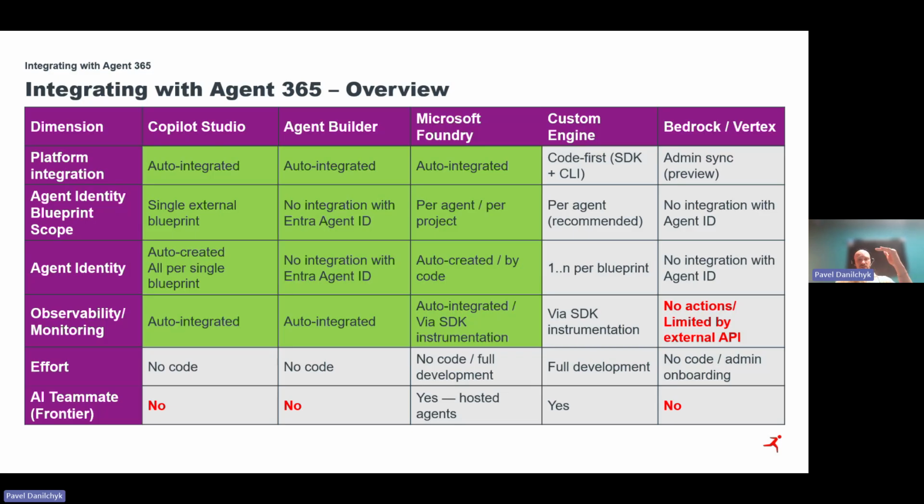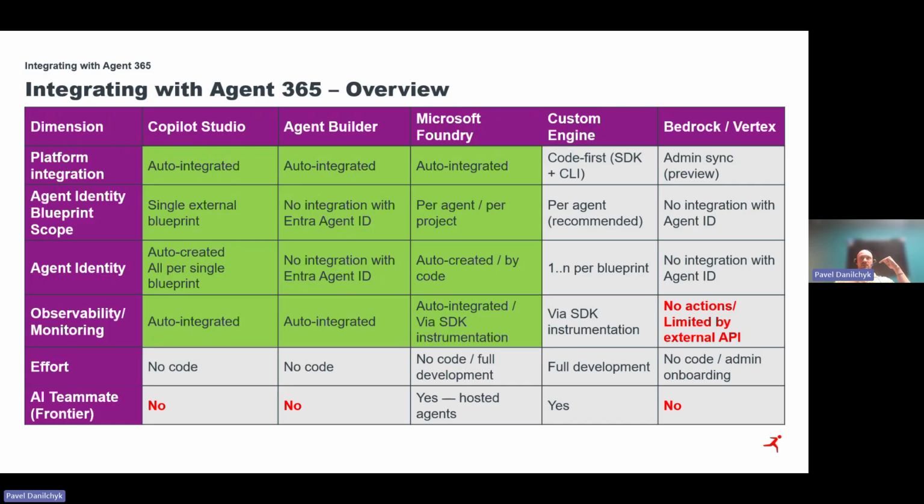The core difference between platforms is in the agent identity blueprints and agent identities structure. Copilot has a single blueprint; all agents have identities, all mapped to the single blueprint. Agent Builder doesn't have any blueprints or agent identities. We just see information about this agent. In Microsoft Foundry, every time you create a new Foundry project, it creates its own identity and blueprints.